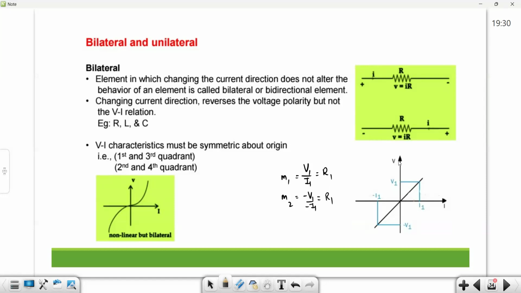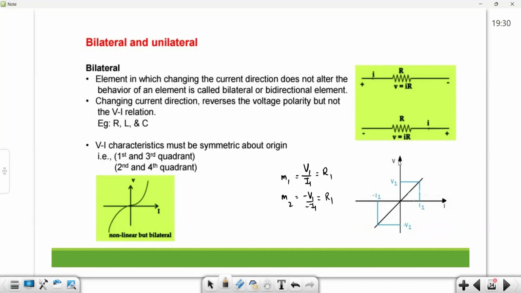Inductor, capacitor, resistor: even if you change the direction, the property doesn't change. It will not change the behavior. But in a diode, in forward bias, when the anode is connected to positive and the cathode to negative, it will behave almost like a short circuit and conduct current very easily.